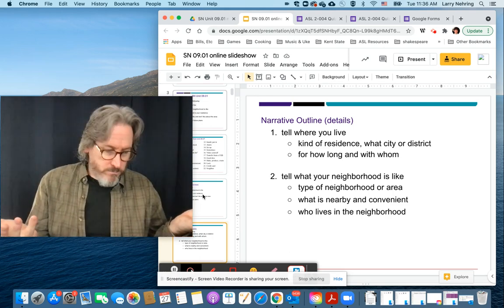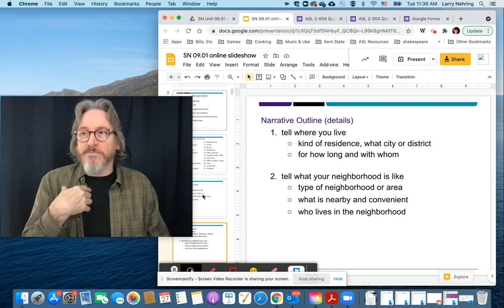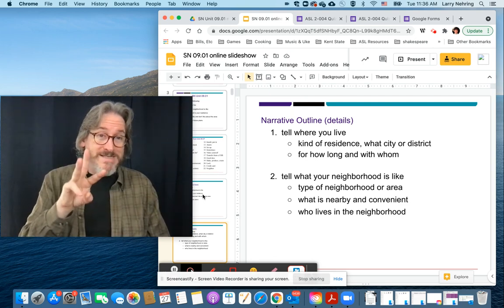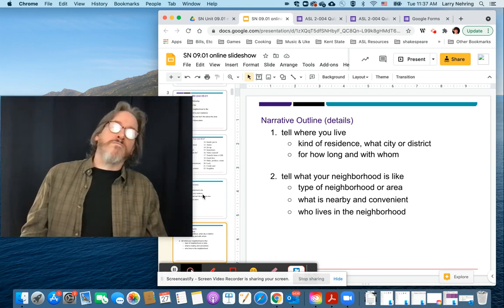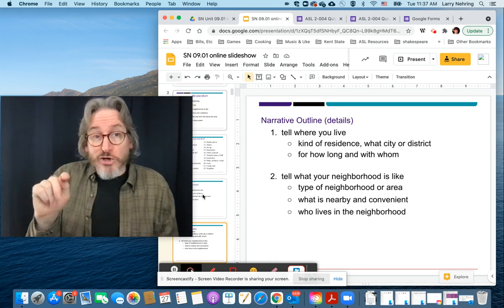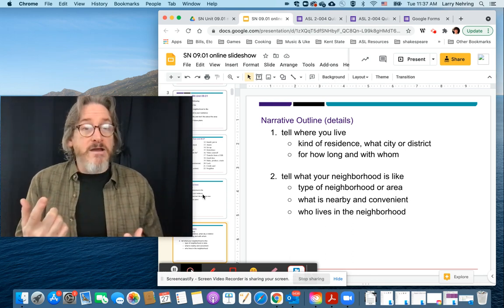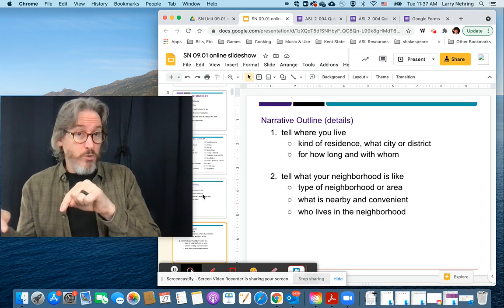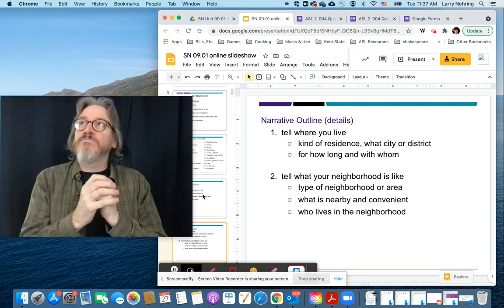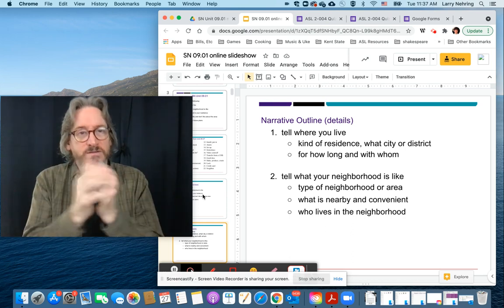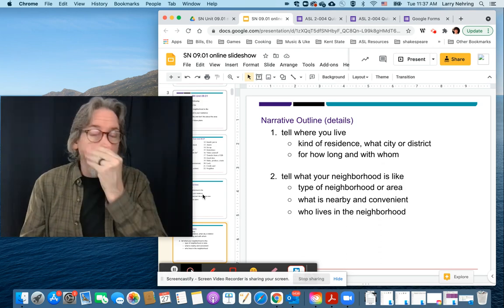In Cleveland, there's the West 6th area, or you can fingerspell the name, Tremont. And for how long and with whom. So I'll say five different things that go under where you live. So just different points to think about.